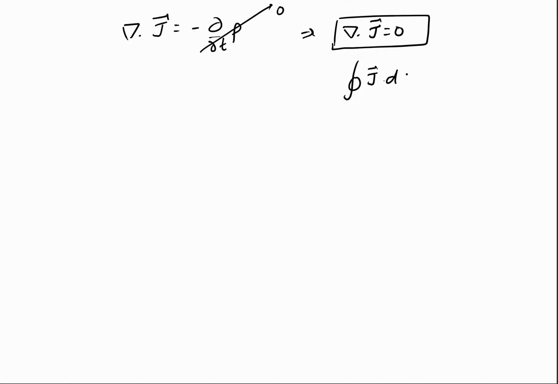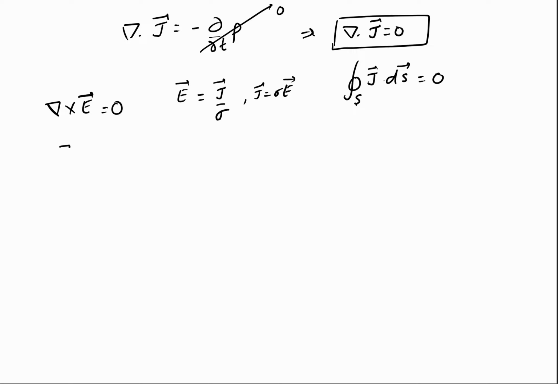J dot dS over the closed surface S is equal to 0. Now, we also know that del cross E for electrostatics is equal to 0, and this E is simply given by J over sigma, that is J is equal to sigma E, the point form of Ohm's law.